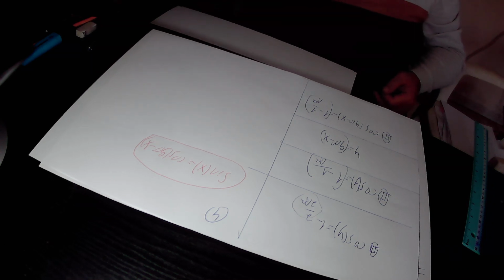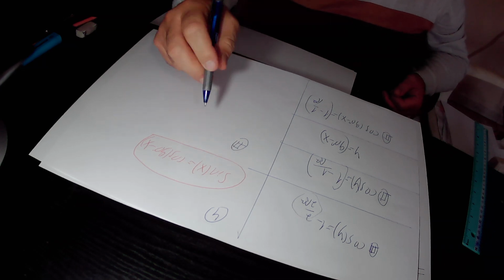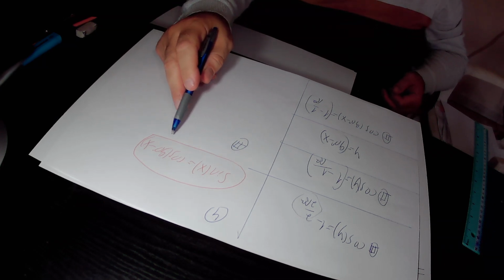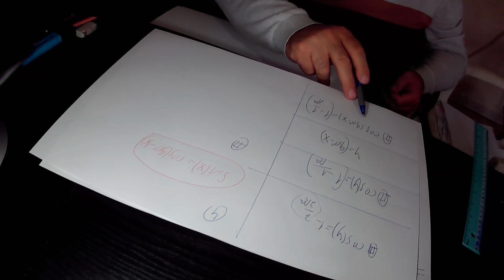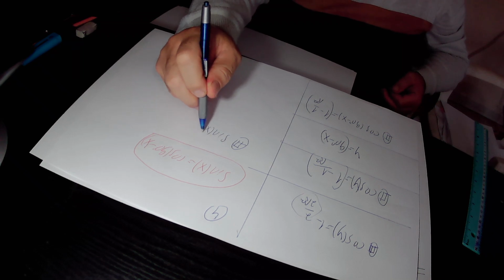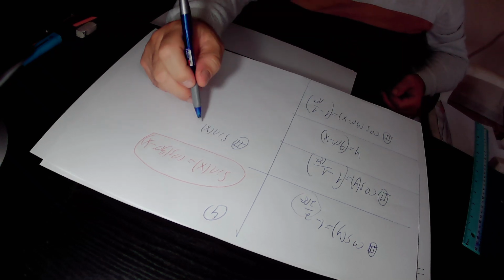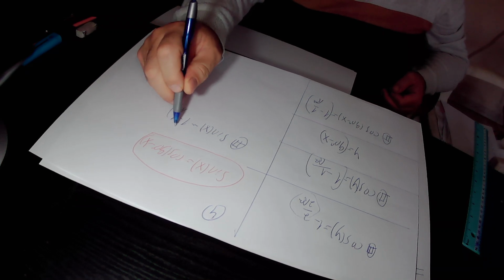We'll do it now, and you get that cosine 90 degrees minus x is sine x. So, according to equation 2, sine x equals 1 minus 1 over r square.